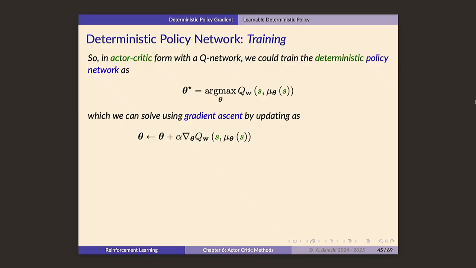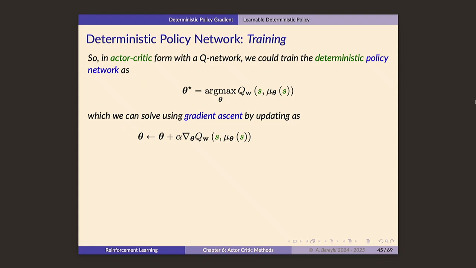So W is the parameter of your Q network, and right now I am not touching that one. I'm going to update that one as well, but right now, say that, for example, at this point, the Q network is trained well. If the Q network is trained well, it is able to look at the state and the action and give me the Q value, right?